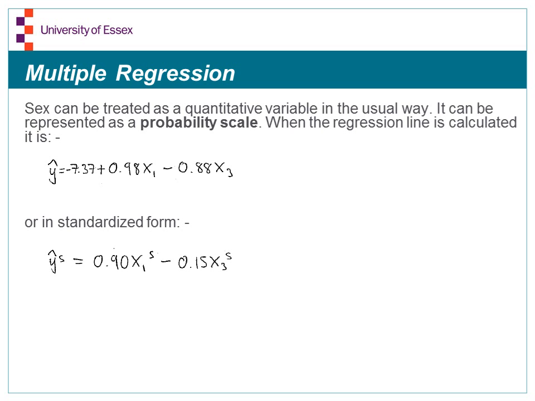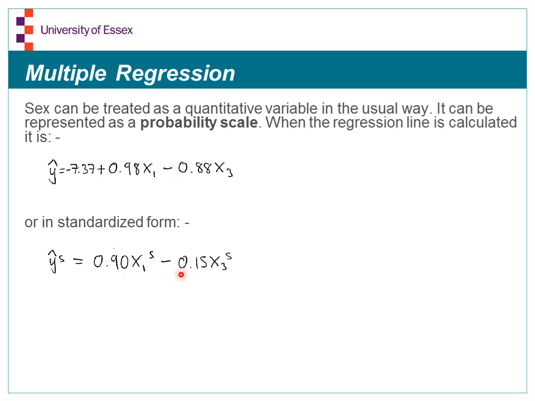I get y is equal to minus 7.37 plus 0.98 x1 minus 0.88 x3, and I can standardize those values as well to get minus 0.90 plus 0.90 and minus 0.15. So you can see that there's a minus sign associated with this. It's telling me that the effect of being female for this data set is implying that you're earning less than the male counterparts.